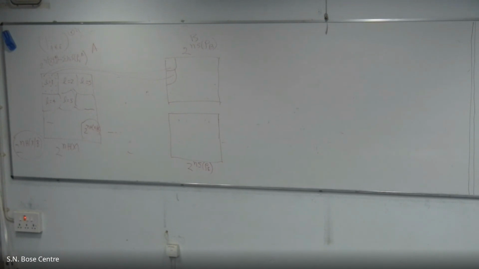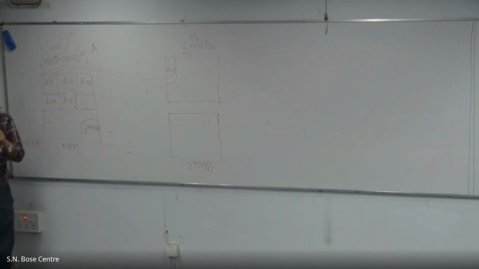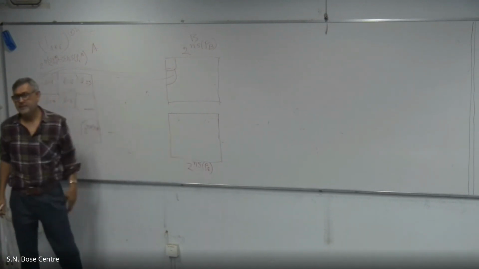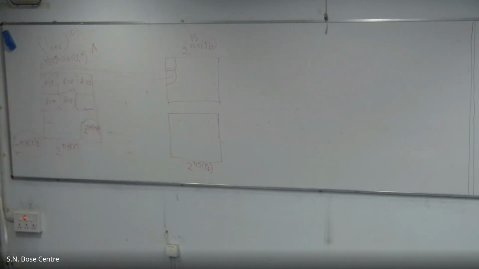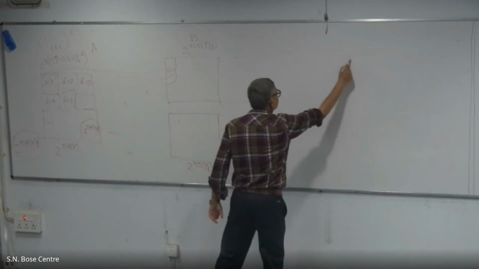Because Bob is worse, the rho of SD is worse. That's why, even for a smaller size, this thing will be packed. Now I am making a big picture.